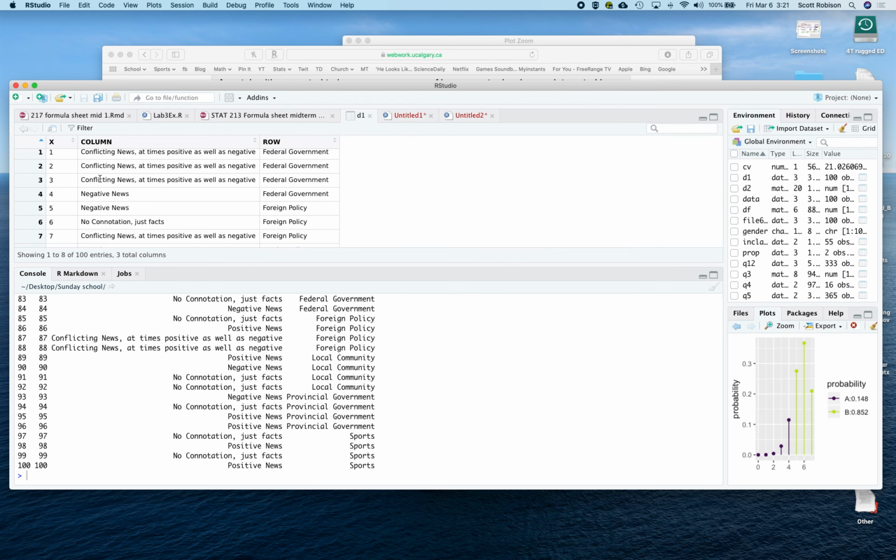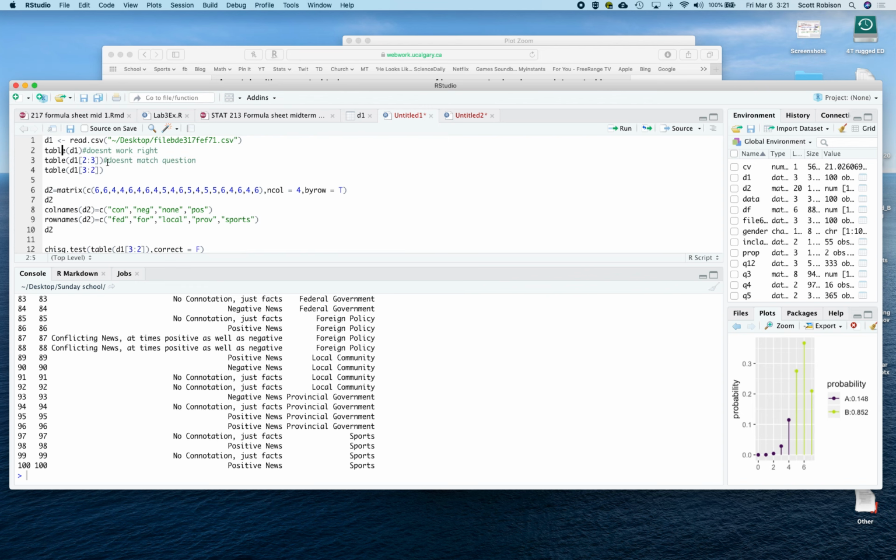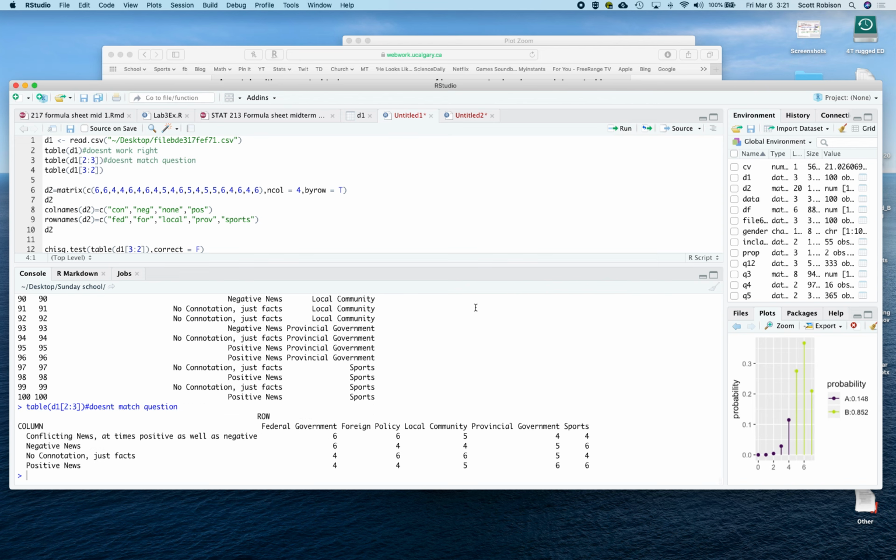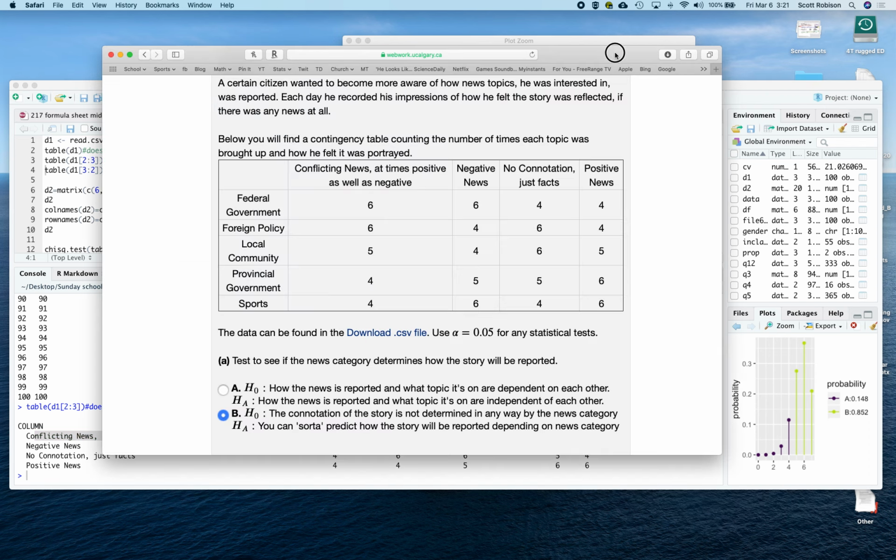Column 2 is this one here, which is called column, and column 3 is this one that's called row, and I'm not really caring about this column of numbers there. So if I use that, then here I can get conflicting news, negative news, no news, positive news, and the various types, which is fine. That's a great way to have the data.